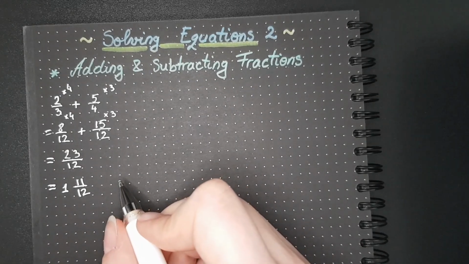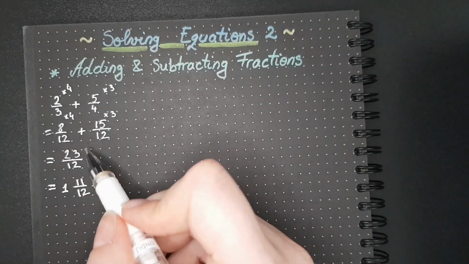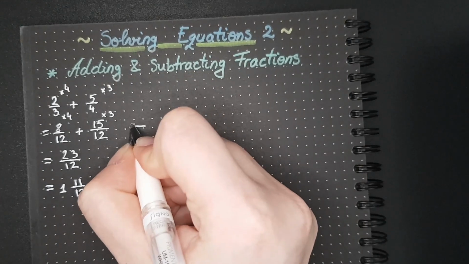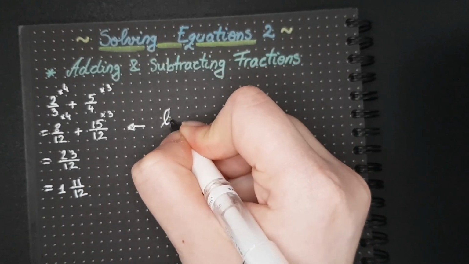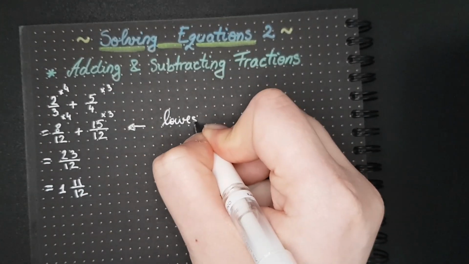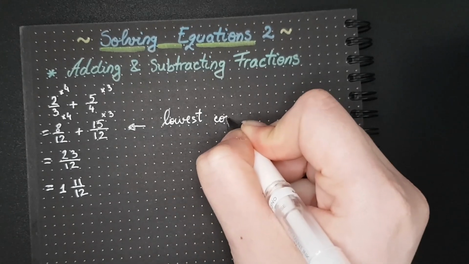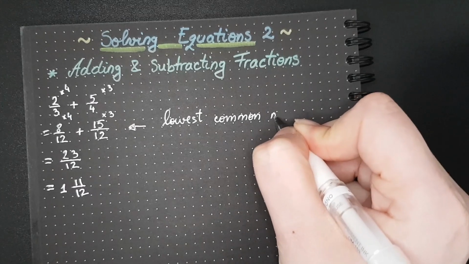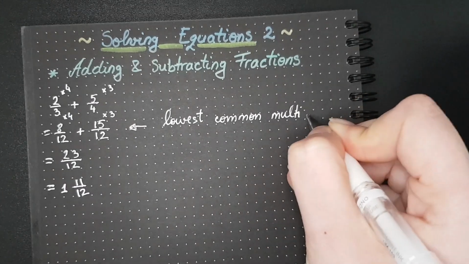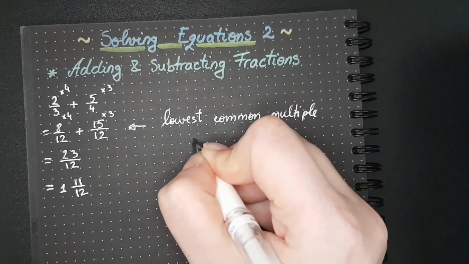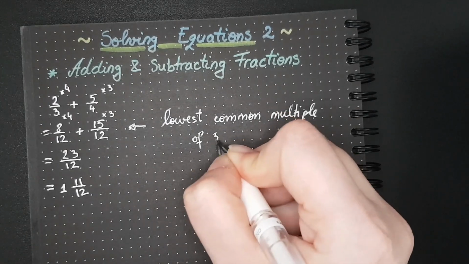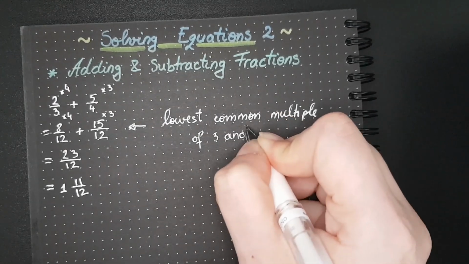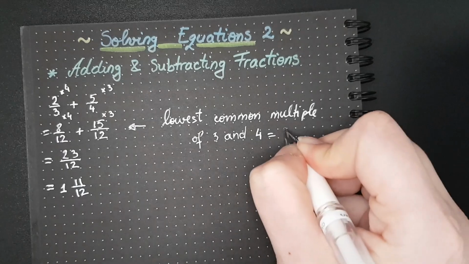Exactly the same thing happens when I do subtraction. So again, here I needed the lowest common multiple of 3 and 4, and that's 12.